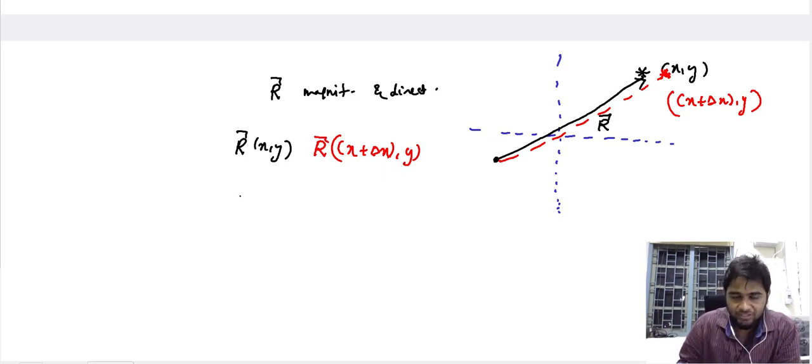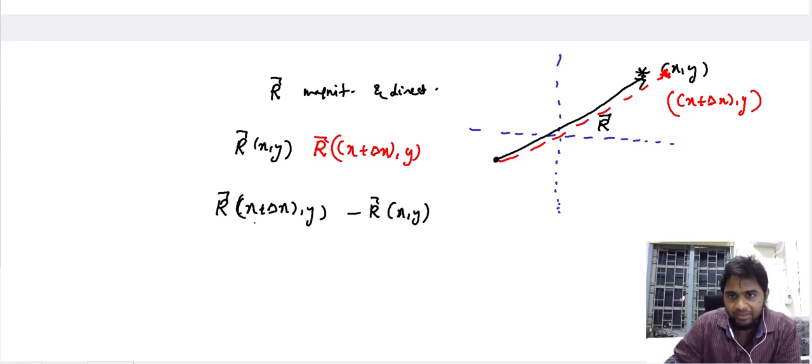When I take the difference between two vectors, r of x plus delta x, comma y, minus r of x, comma y, that is one in the red and one in the black. The red is x plus delta x, comma y, and the black is x, comma y.